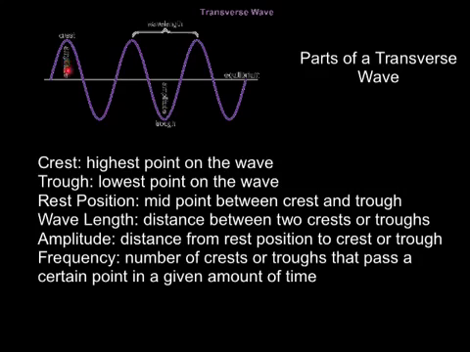And the last thing is frequency. Frequency of the wave is, as the wave moves, how many crests pass a certain point in a given amount of time. We can also measure the same thing with the troughs. How many troughs pass a certain point in a given time.